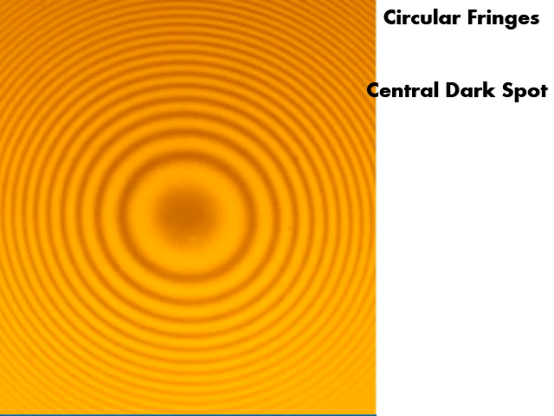Another important point related to this pattern is at the center there is a dark spot. Why do we observe the dark spot at this point of contact? Again, we have seen at the point of contact the film thickness is very small compared with the wavelength of the light.